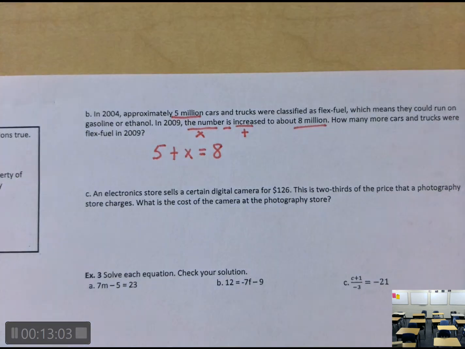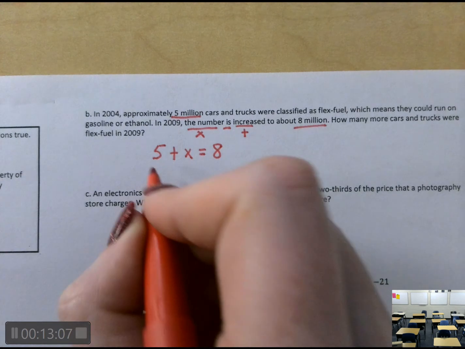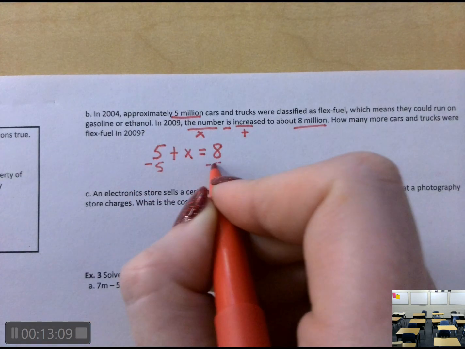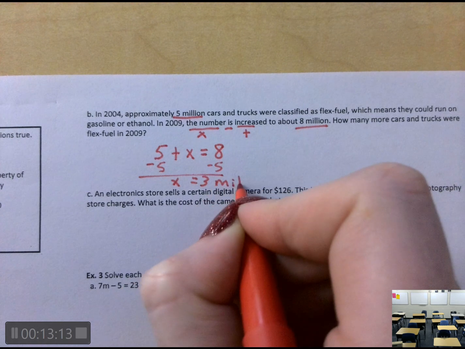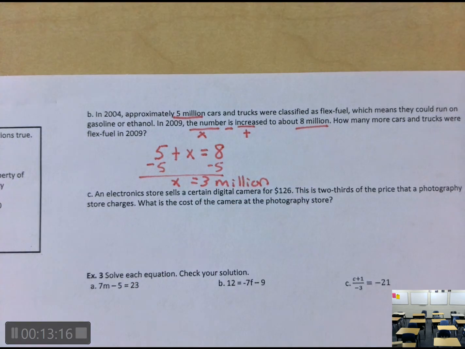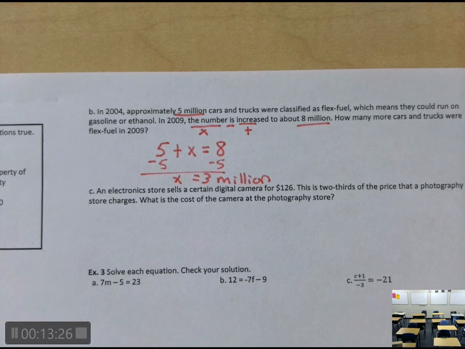That one's pretty simple, right? Now we're just going to subtract 5 from both sides. So x equals 3 million. So there were 3 million more flex fuel cars in 2009 than 2004. Let's take a look at the next one.